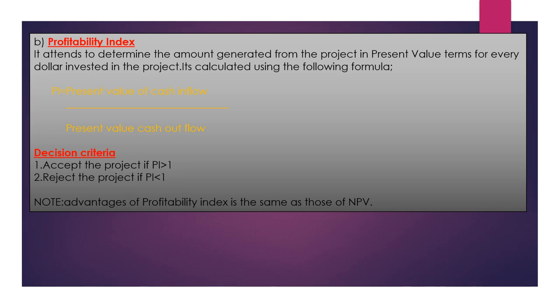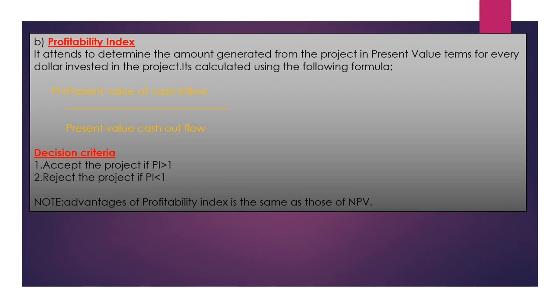So the decision criteria: one, we accept the project if the profitability index is greater than 1. We reject the project if the profitability index is less than 1. Note, the advantages of profitability index are the same as those of NPV.